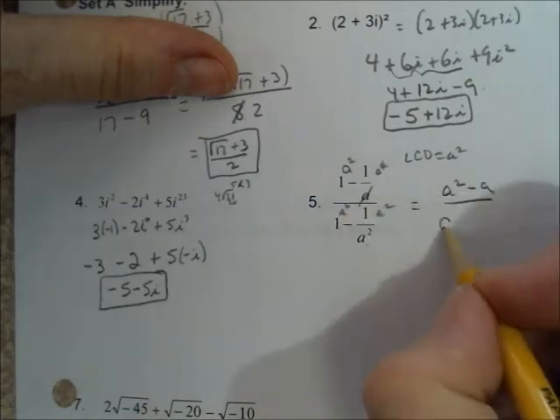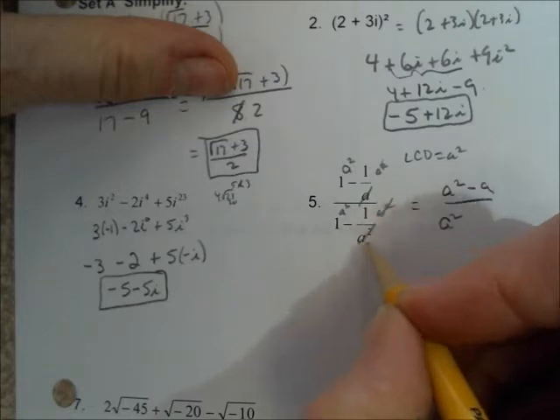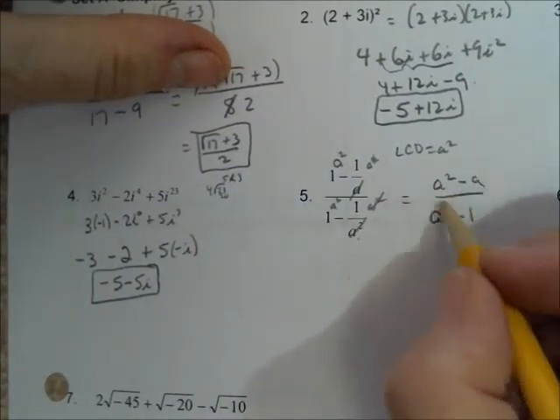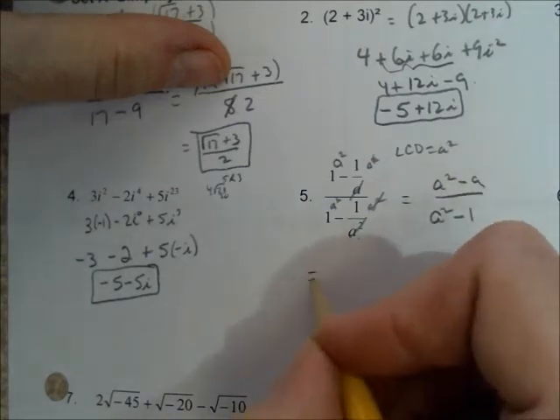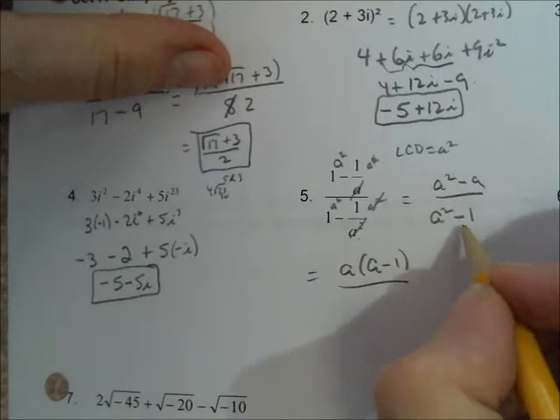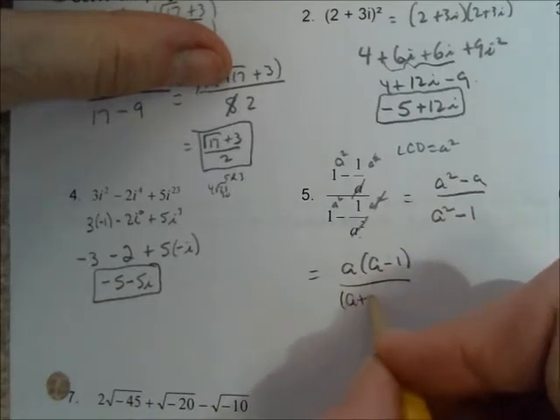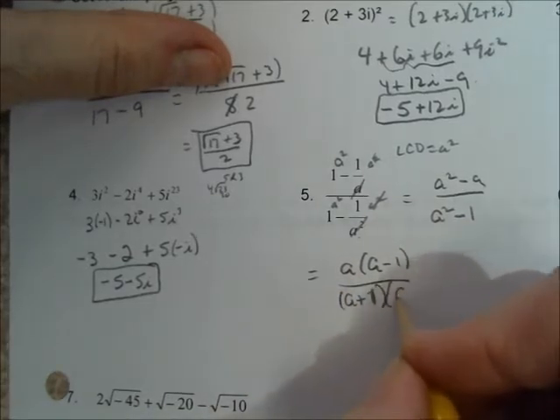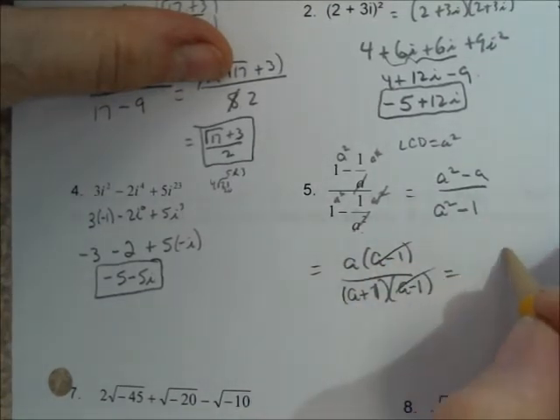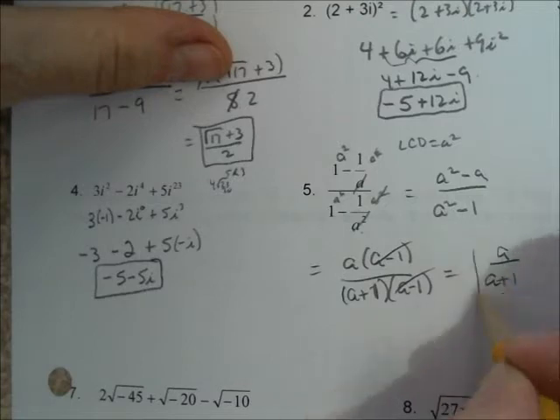A squared times 1 is a squared, and those a squareds cancel out on the bottom, minus 1. Then you take the GCF out of the numerator, which is a, and you're left with a minus 1. And in the denominator, difference of two perfect squares factors as a plus 1 times a minus 1. Common factors cancel, and the final answer is a over a plus 1.